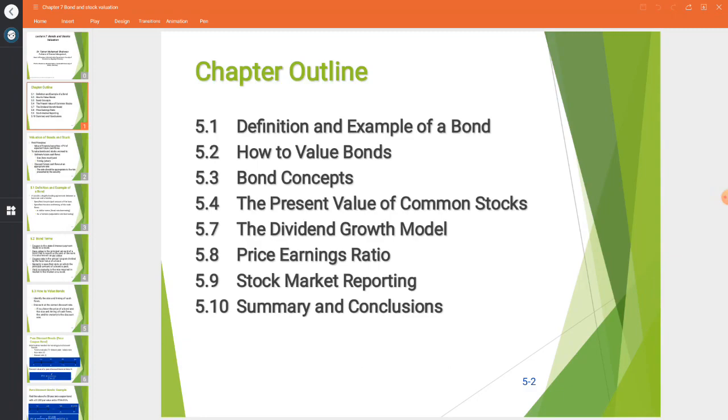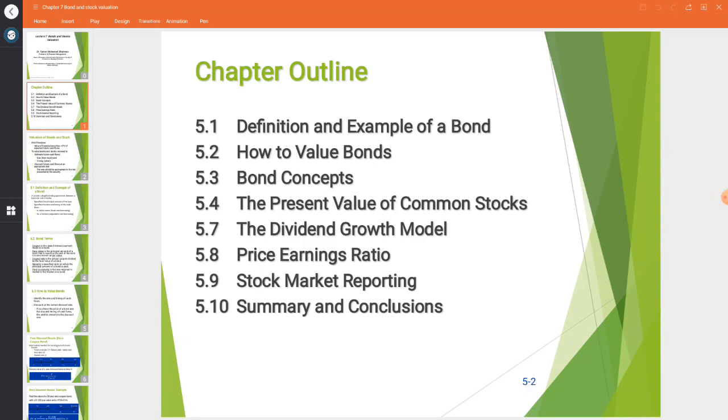The main outline of this chapter: we are going to give a definition of a bond and give examples of different types of bond. Then we are going to estimate the value of a bond, explaining some terms and concepts related to bond.